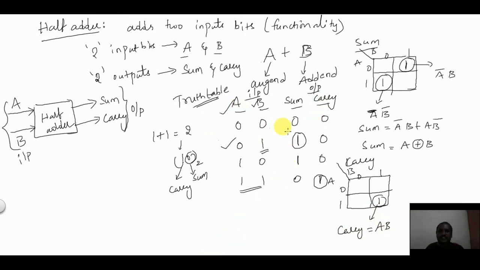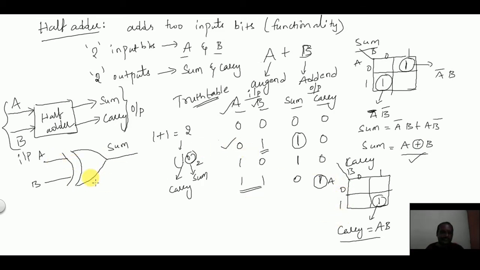Now we have the simplified expressions for sum and carry, so you can design the circuit. A and B are the inputs, and they are given to an XOR gate. You will get the sum, because sum is equal to A XOR B. From this expression we get this logic diagram.